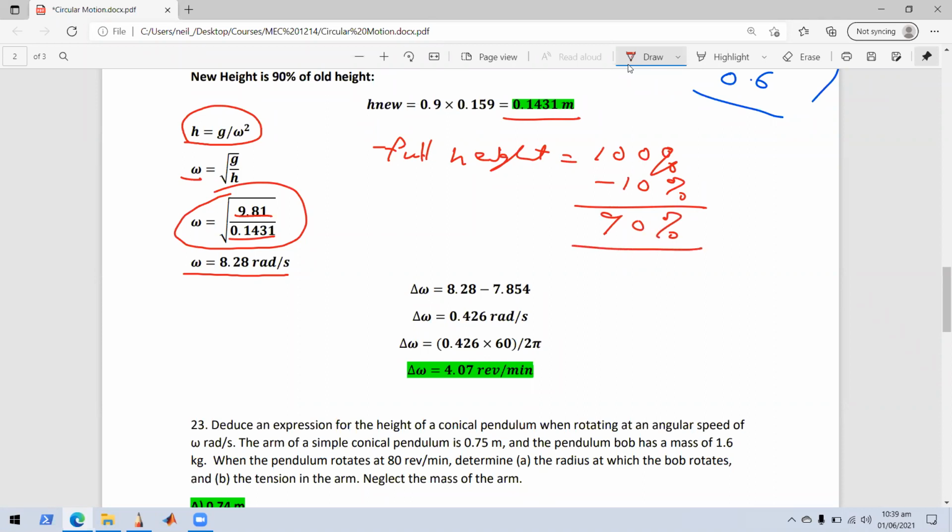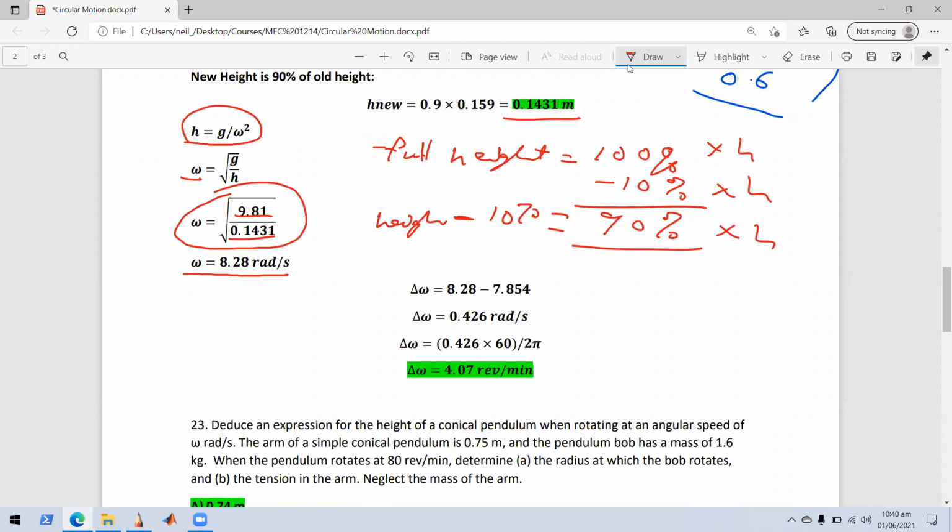So the new height, when decreased by 10%, with minus 10%, should be equal to 90% of the old height, right? So that 10% reduction is the same as just multiplying it by 90%.